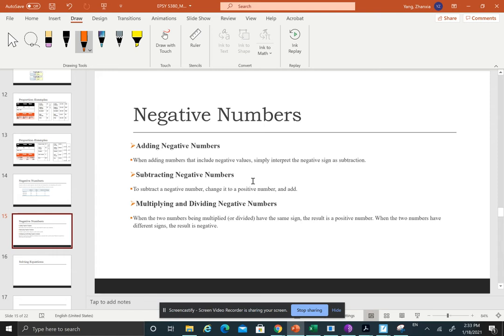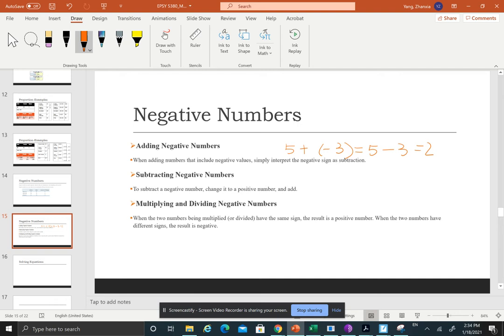For example, if we have 5 plus negative 3, we can simply write that as equal to 5 subtract 3, equal to 2. Okay. How about subtracting negative numbers?